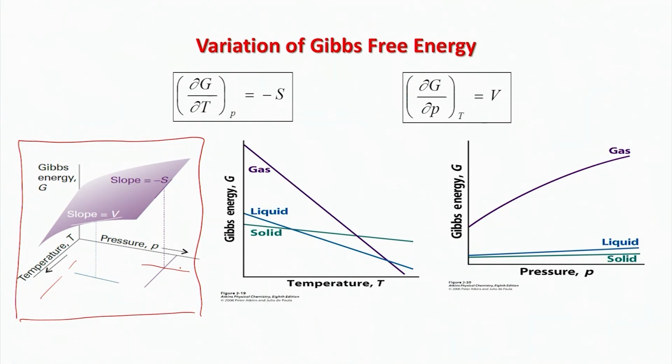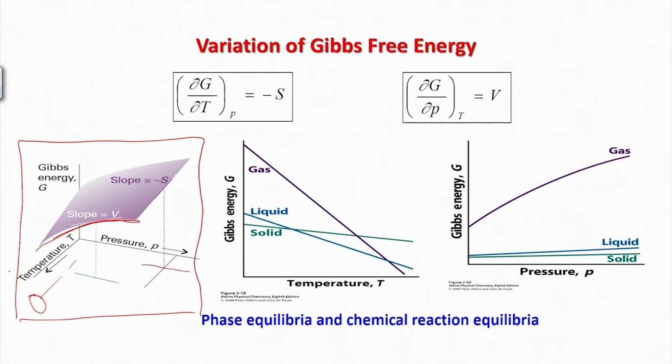If you look in the direction of temperature only, you will have the slope as minus S. And if you are looking at the variation of pressure only, then you are going to have the slope of capital V. Now, therefore, you understand that these concepts are extremely useful in understanding phase equilibria and chemical reaction equilibria, whereby you are carrying out the changes for given values of temperature and pressure.